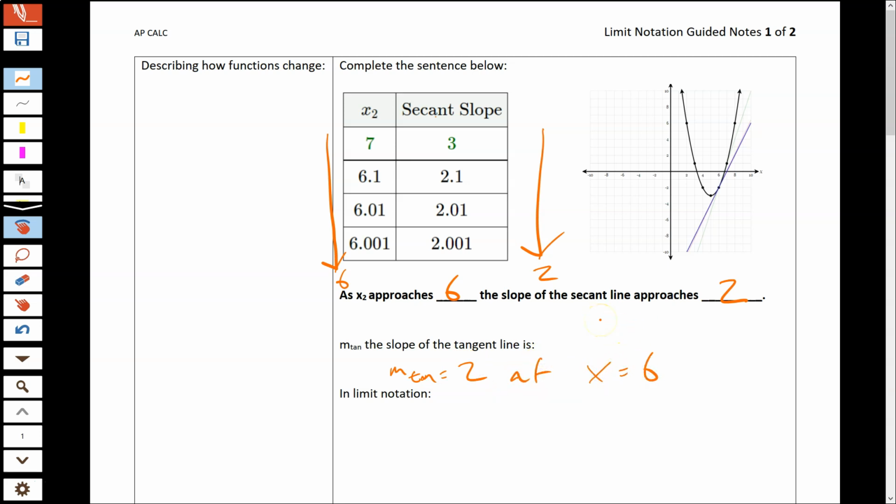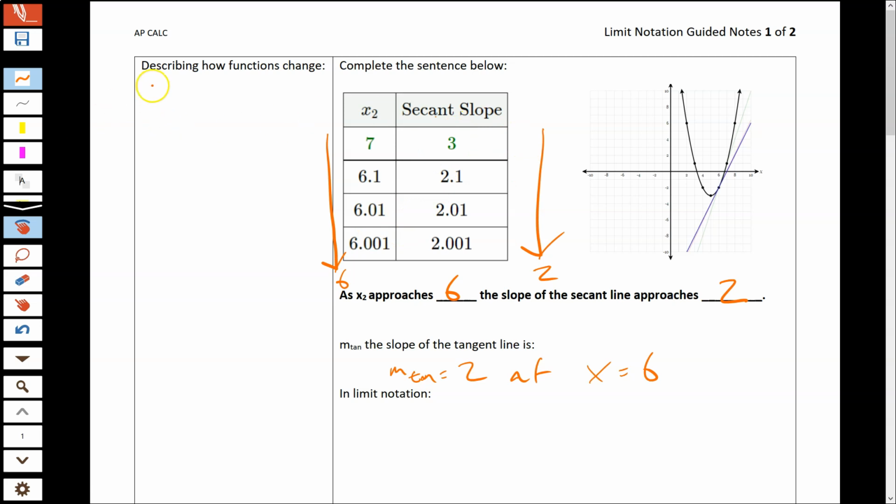This mode of analysis is new. And as is often the case in your math career, when you learn a new technique, it comes with some new notation. We have some notation that describes these trends of what happens to the function when an x value approaches a certain number.